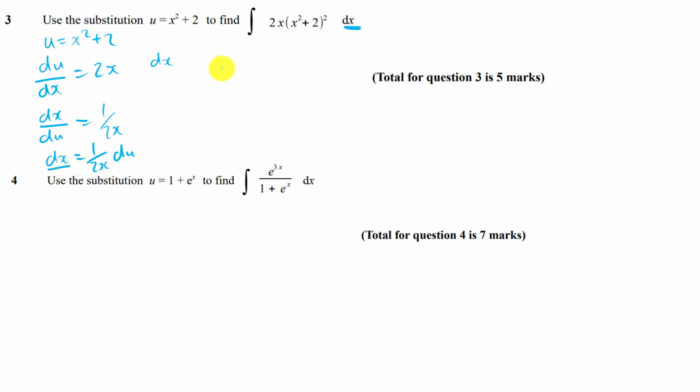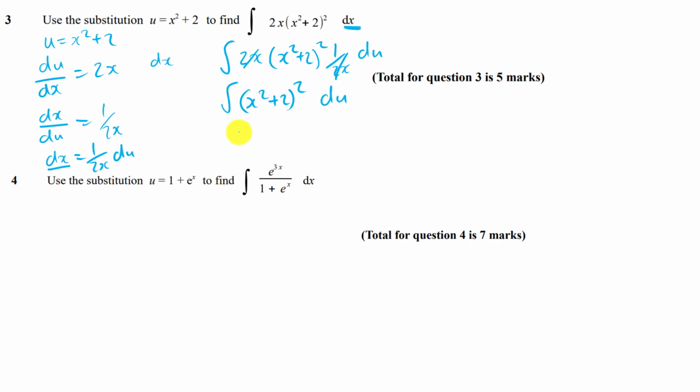So the next stage is going to be 2x times x squared plus 2 squared, and we're going to put the 1/2x in, and now that's going to be du here. Now can you see this 1/2x is going to cancel this out, so we're just going to be integrating x squared plus 2 squared.